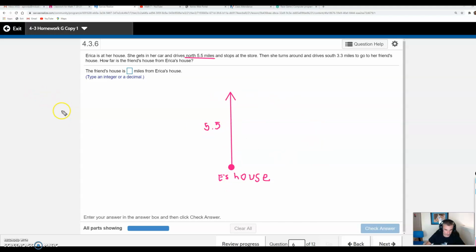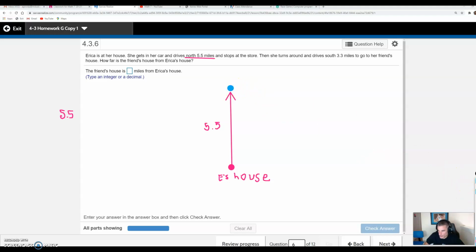All right, so over here I'm going to write an equation, 5.5, and then it says she stops at the store, then she turns around and drives south 3.3 miles. So the store is right here.